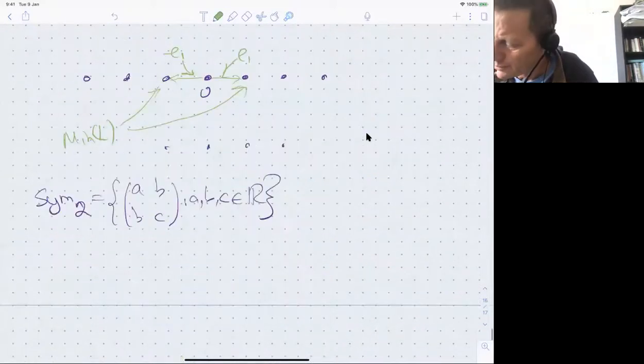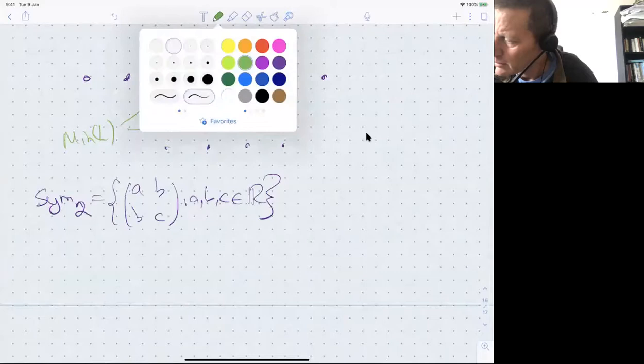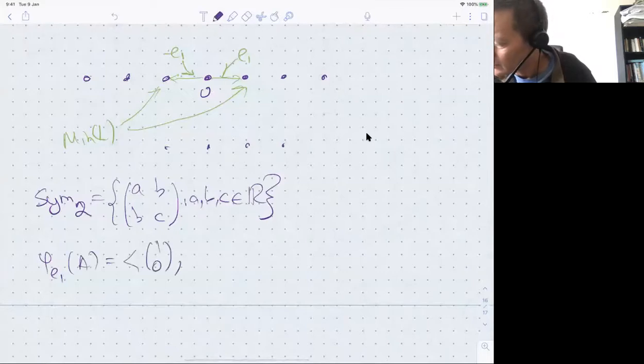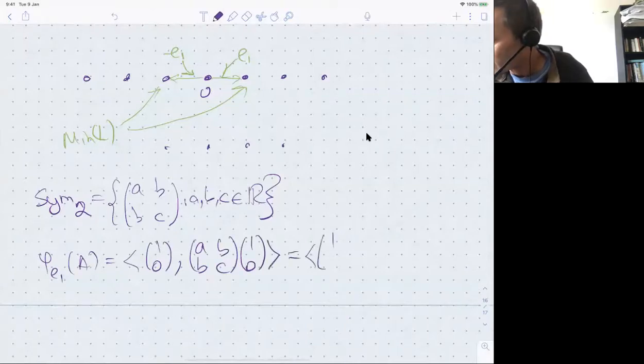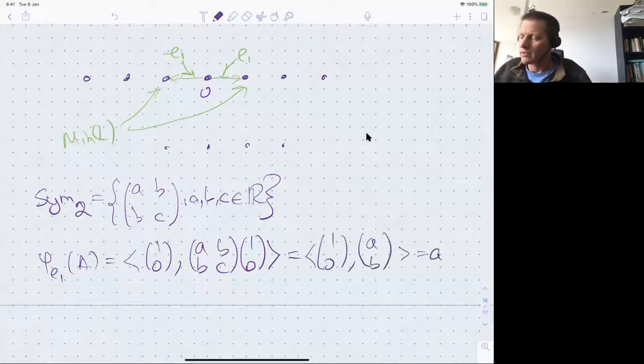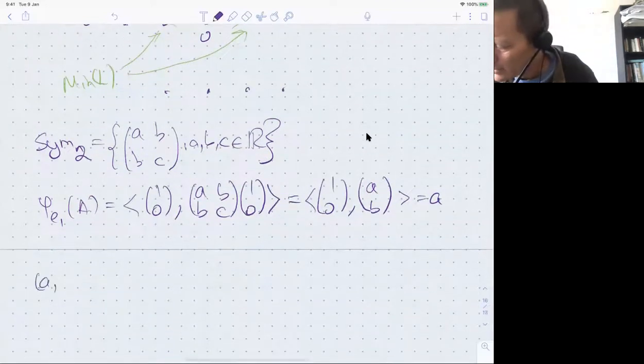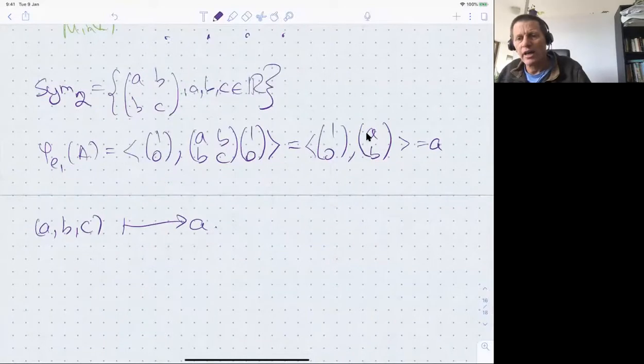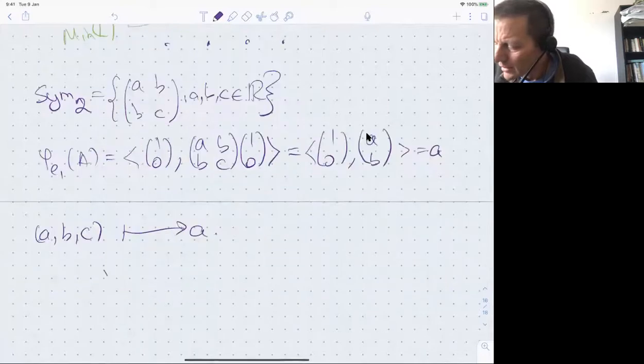And what is that functional? Phi E1 of A is given by this formula, so it's mapping A, B, C to A. So we only have one functional, so obviously this is not going to span the dual. So it's not perfect.